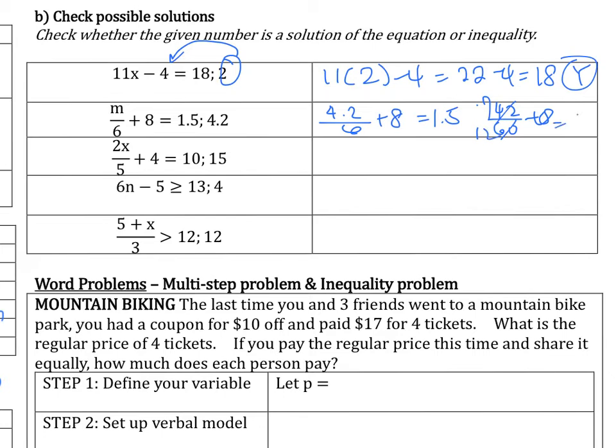So this would be 8 and 7 over 12, so no. So 2 times 15 over 5 plus 4 equals, so here 30 over 5 gives you 6 plus 4 and 10. So yes.